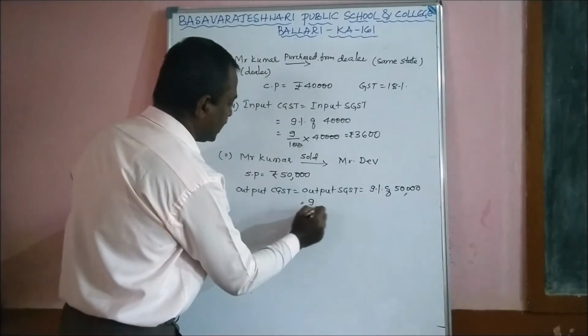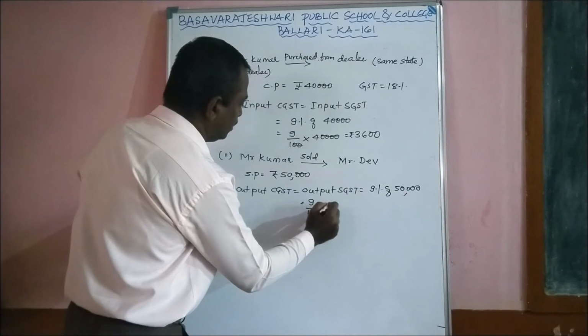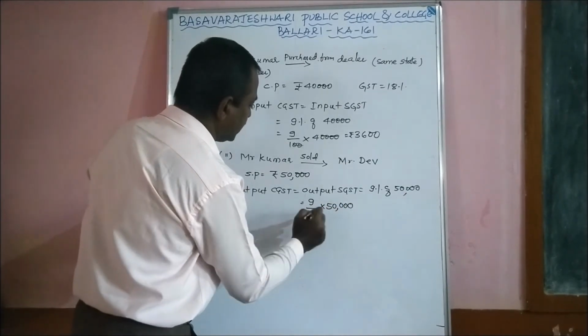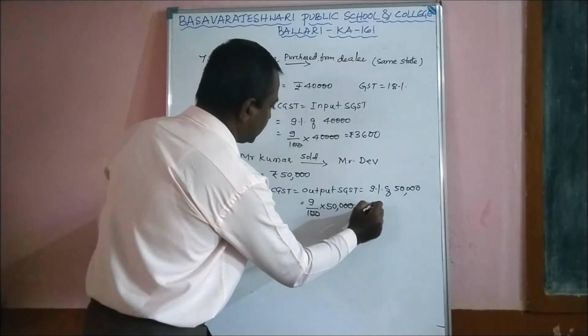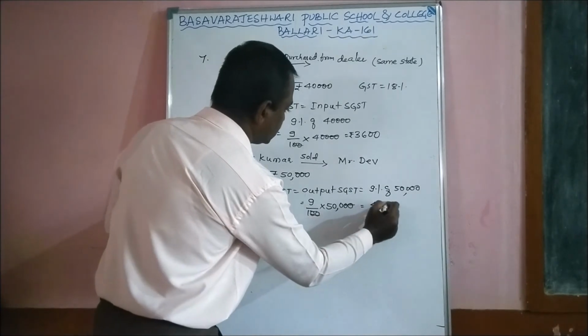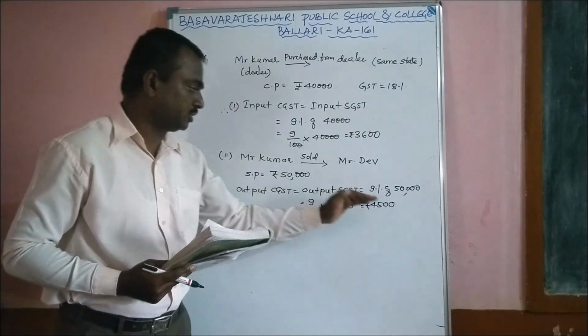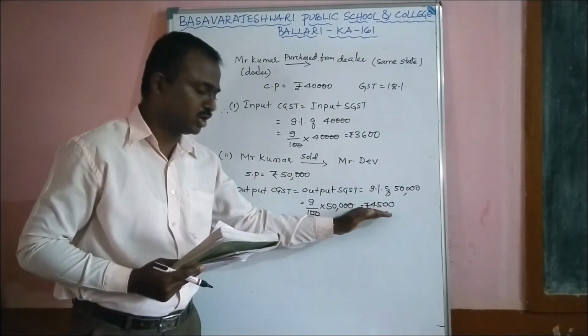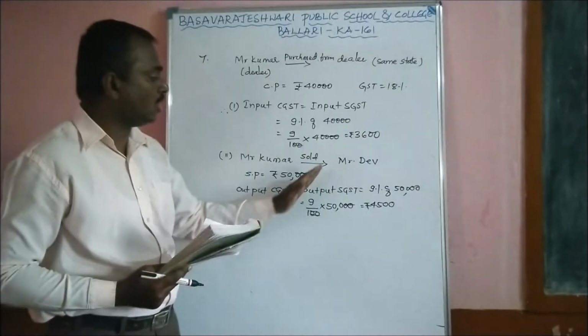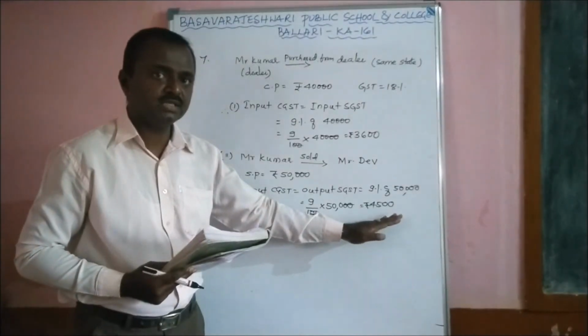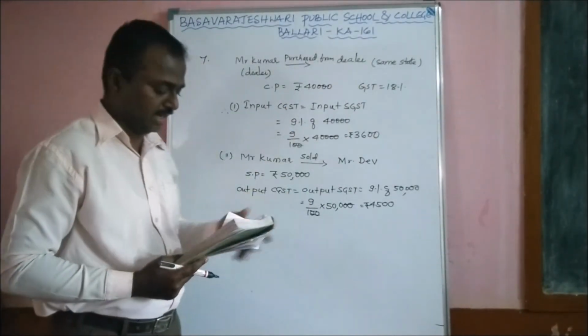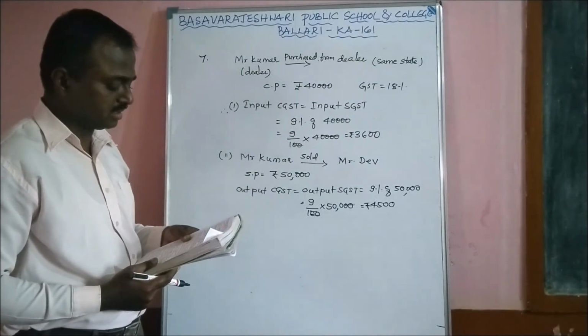That is 9 by 100 into 50,000. Two zeros cancel, 9 fives are 45, two zeros, that is 4,500. Output CGST is rupees 4,500. Similarly, output SGST also rupees 4,500. That is the second answer.